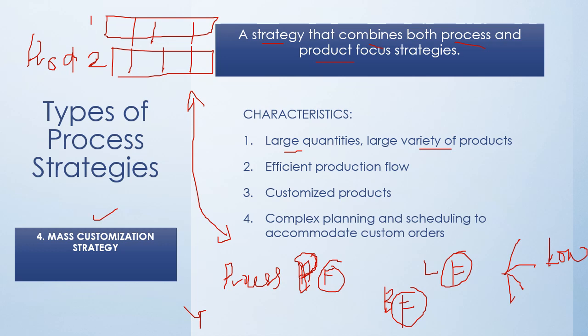So process strategy hanya sesuai kalau company produce a lot of variety, 1, 2, 3, 4, 5 types of product, but only low quantity demanded by customers. But if customer comes with large quantities and large variety of products, then the company will have to change the process strategy to mass customization.